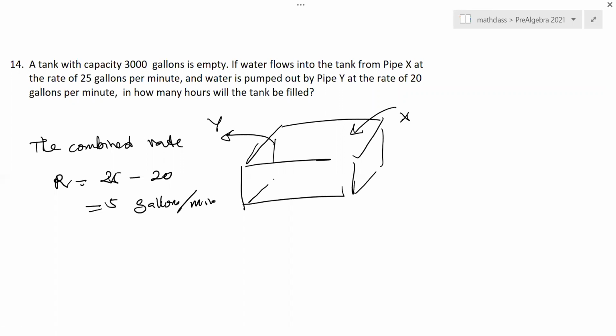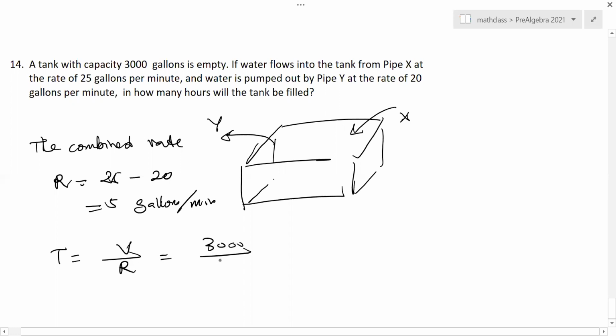Do you agree? The time is going to be the volume divided by the rate. It's 3,000 divided by 5, which is 600 minutes, and that's going to be 10 hours.